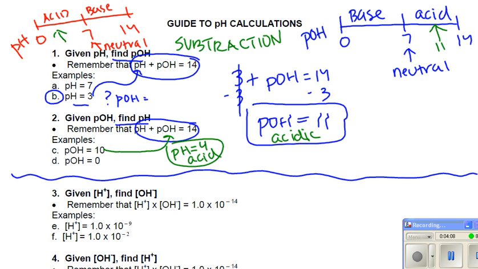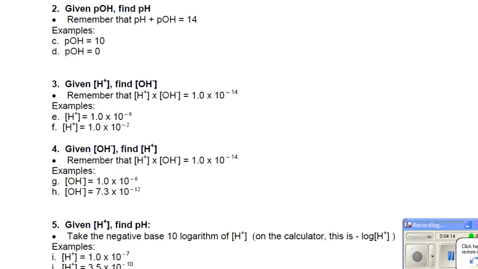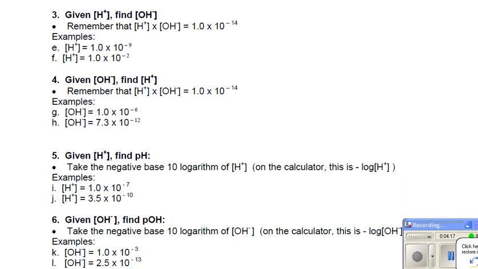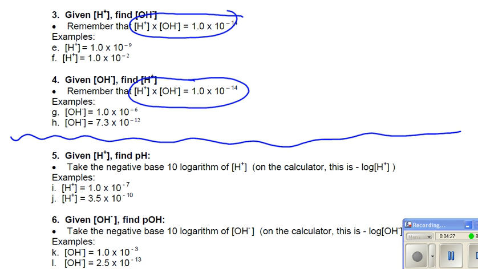I'm going to move on to problems like 3 and 4. So scroll down. Put a line under number 4. Again, we're grouping these because they have the same equation. The equation is if you multiply the hydrogen ion concentration and the hydroxide ion concentration in a solution, it's going to equal 1.0 times 10 to the negative 14th.